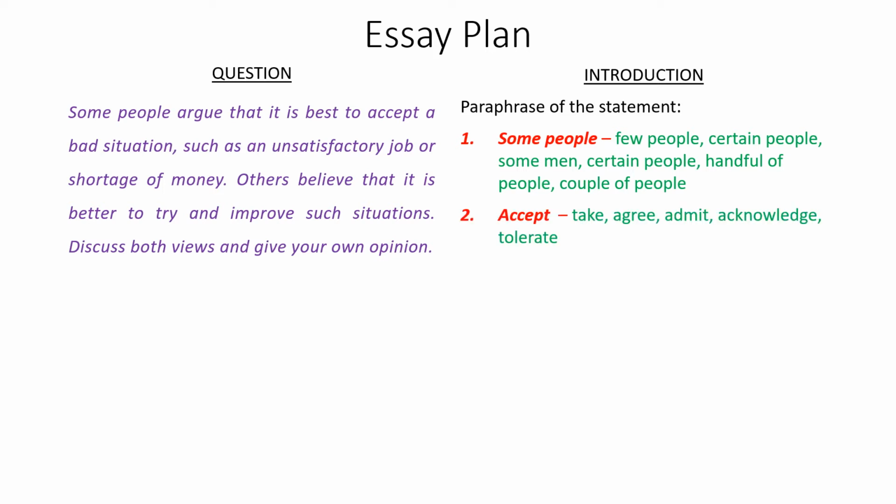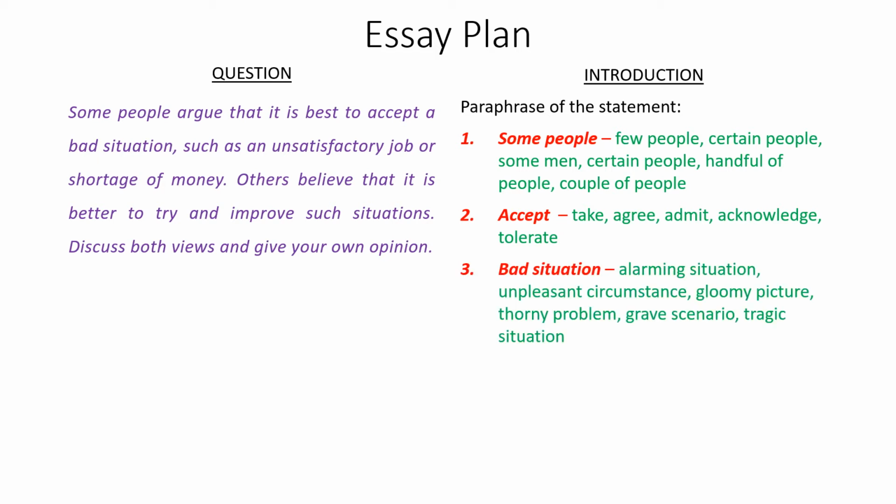Some of the substitutes for this word are take, agree, admit, acknowledge, tolerate. The final phrase which I am going to discuss is bad situation. Alarming situation, unpleasant circumstances, gloomy picture, thorny problems, grave scenario, tragic situation are some of the best alternatives.